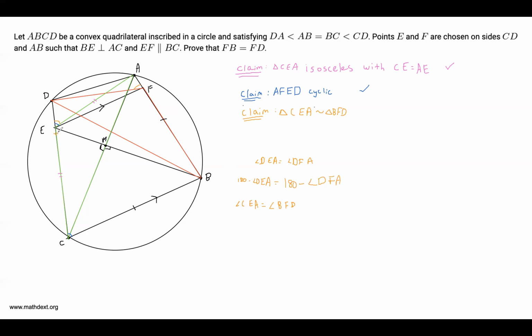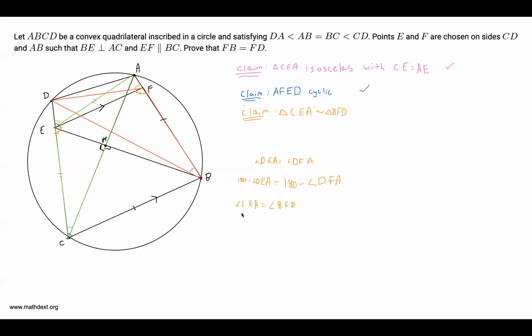So I will mark these angles using squiggly marks. This one as well. Then we just need to show one more angle of the two triangles are equal to each other, and that's easy because this angle over here and this angle over here both subtend this arc AD of this circle.